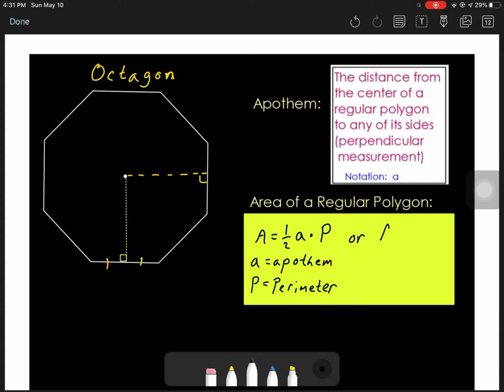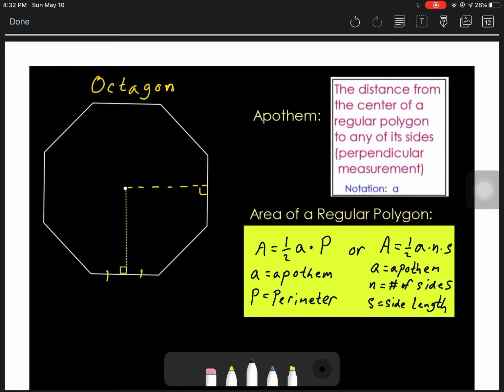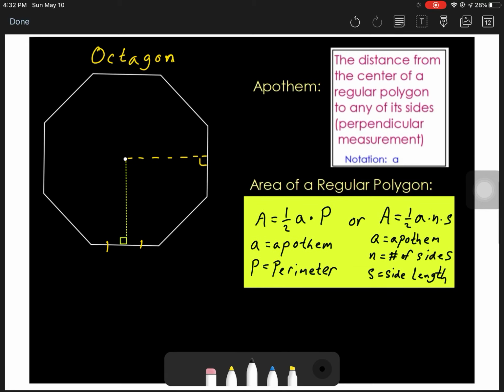Or another way we can do this, area equals 1/2 A times N times S. A is still the apothem, N is number of sides, and then S equals side length. Okay, now the one on the right is closer to the formula we talked about up above.